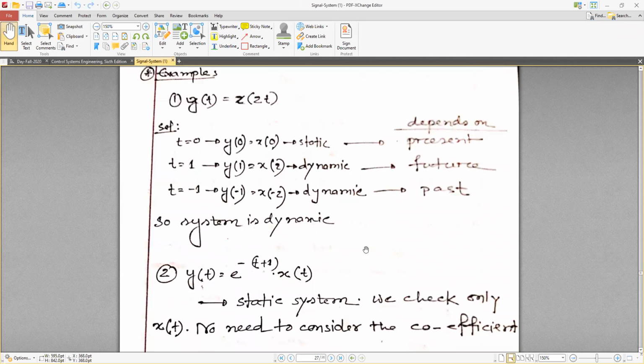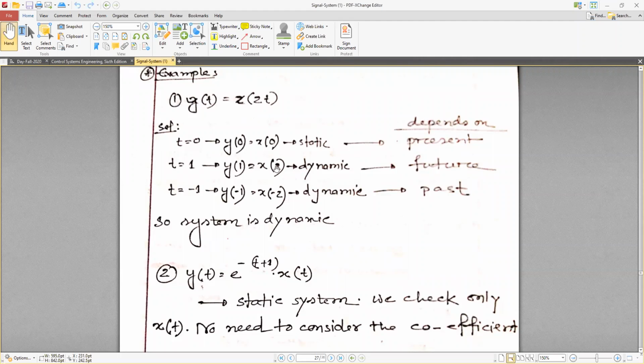Now see, y(t) is equal to x of 2t. If I put t equal to 0, then y(0) is equal to x(0), right? So it is static. Both are the same. The present value of the input determines the output. If I put t equal to 1, then y of 1 is equal to x of 2.